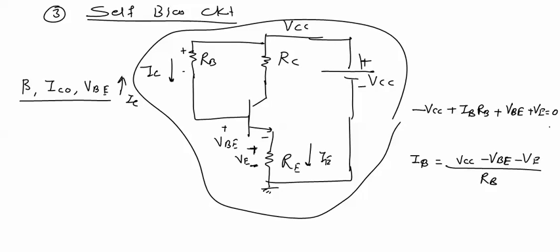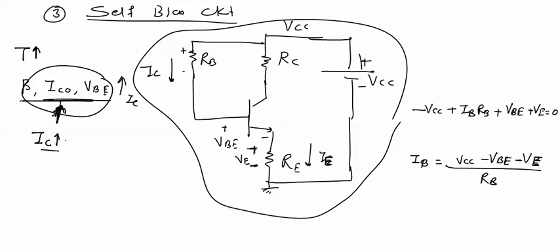Now in this equation we have this VE term, additional term, and we know that it is with the negative sign. If VE increases then IB decreases. So if temperature is increased, these three parameters increase and IC increases.